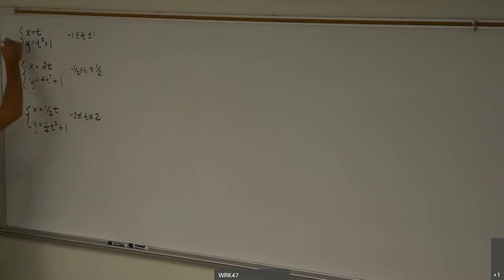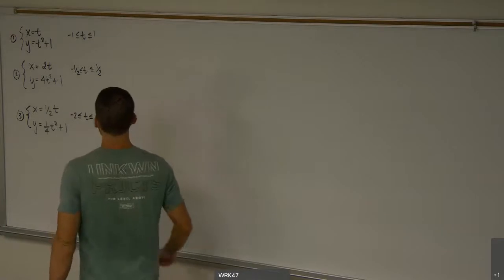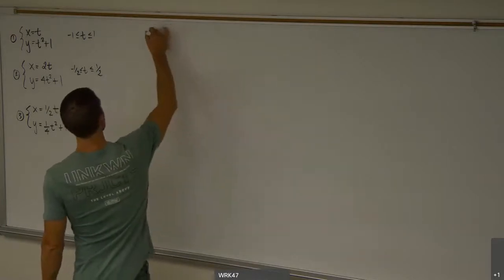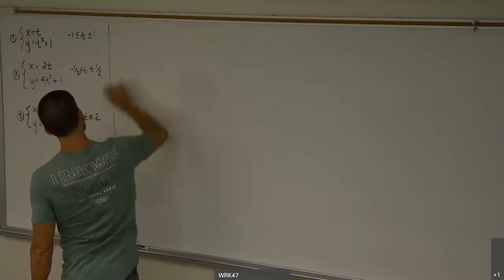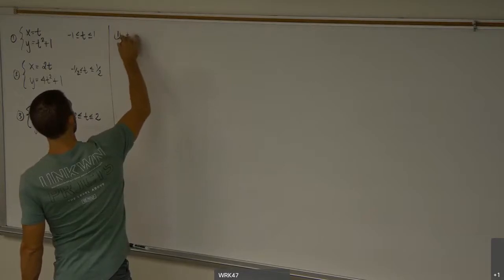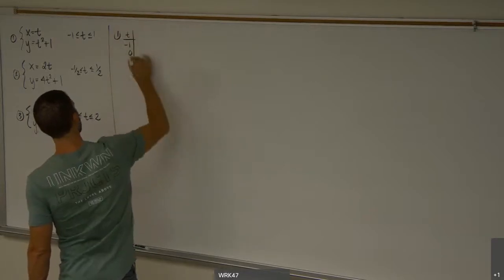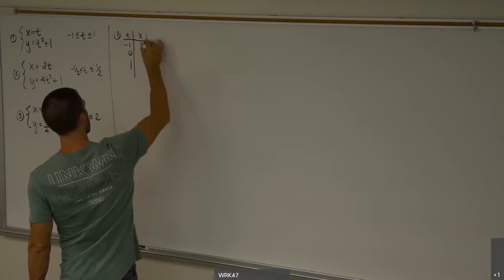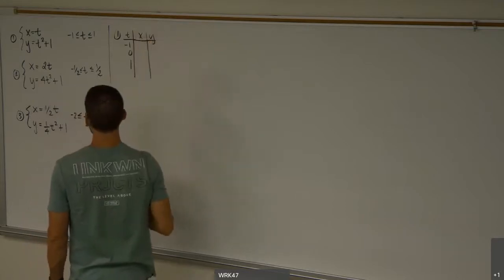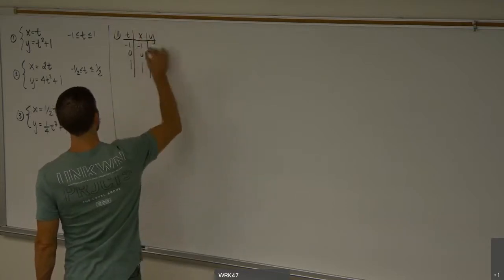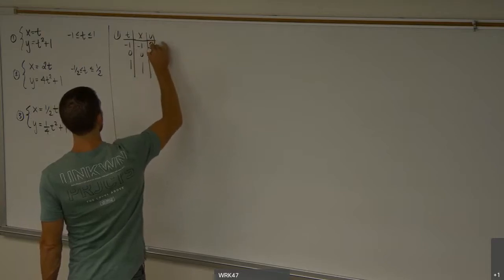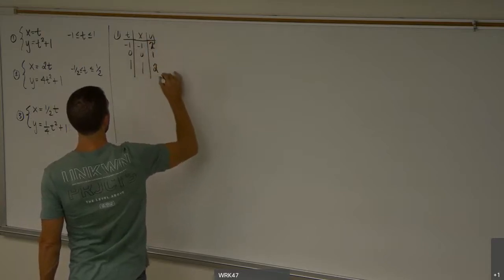I'll call this number 1, number 2, and number 3. And so for the first one, well, let's do negative 1, 0, and 1, x and y. Well, negative 1, 0, 1. It's the same one we had before. So 2, 1, 2.